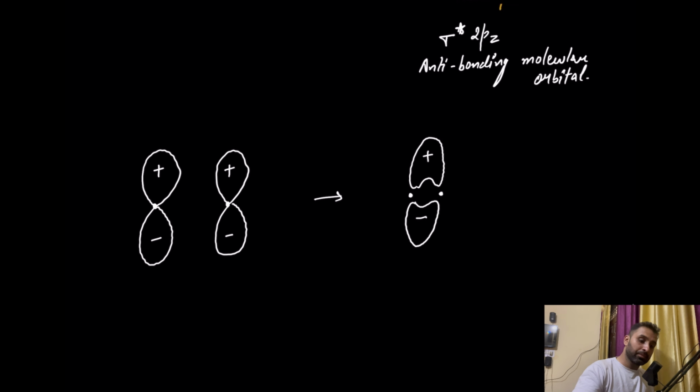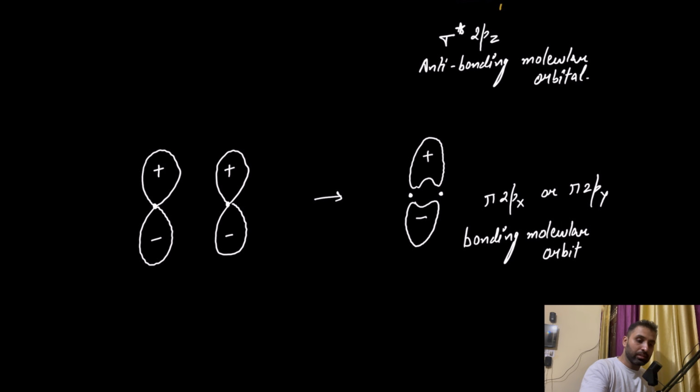So that's the pi 2p x or pi 2p y. Now, and that's the bonding molecular orbital.